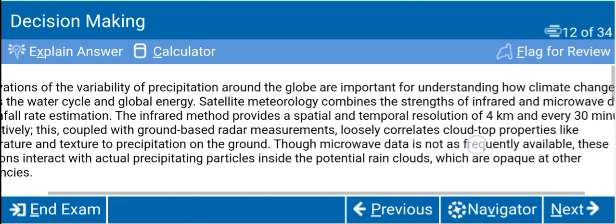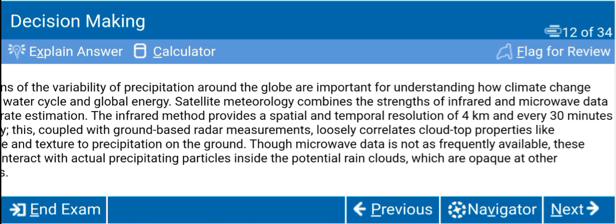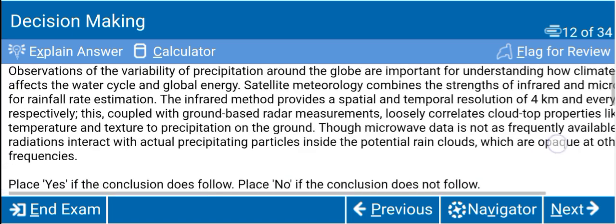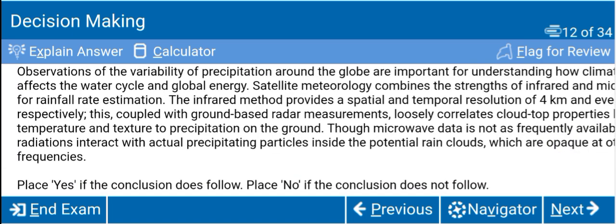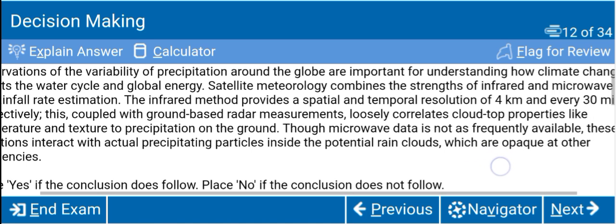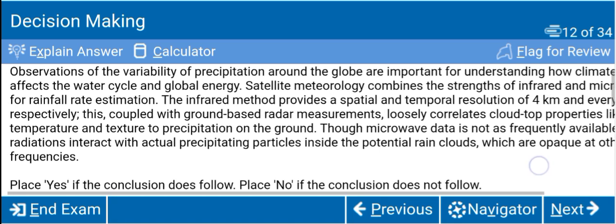The infrared method provides a spatial and temporal resolution of 4 km and every 30 minutes respectively. This coupled with ground-based radar measurements loosely correlates cloud top properties like temperature and textures to precipitation on the ground.